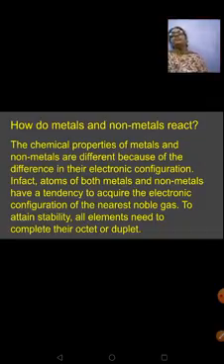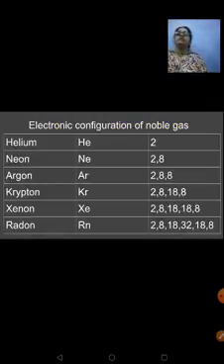So let's first have a look at the table showing the electronic configuration of noble gases. When you look at noble gases like helium, neon, argon, krypton, xenon, radon, you can see the valence shell, that means the last shell of these atoms of elements, will have a complete shell.